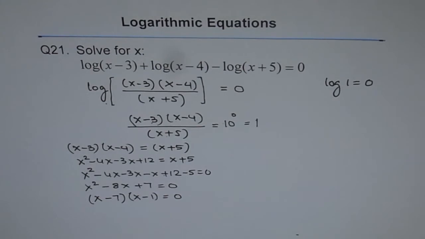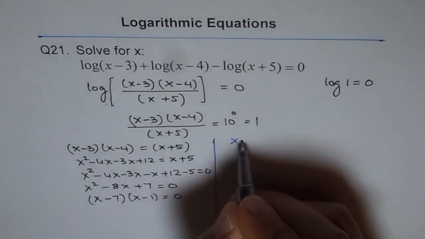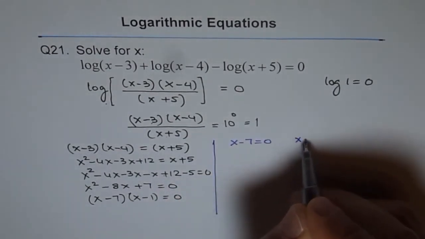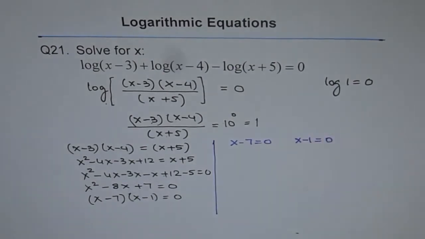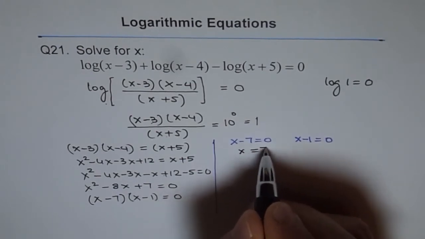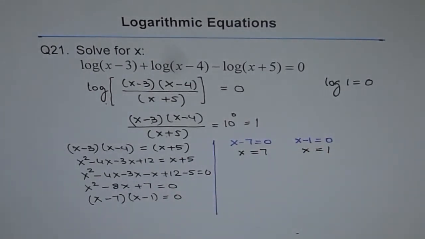And that leads to two solutions. One solution is x - 7 equals 0, and the other is x - 1 equals 0. So one of them is x equals 7, the other one is x equals 1. So we have two solutions for this equation.